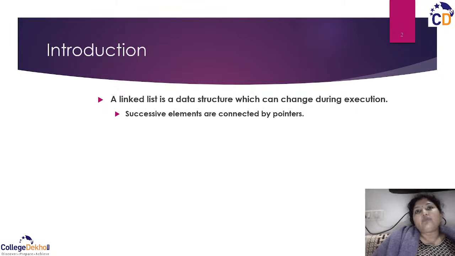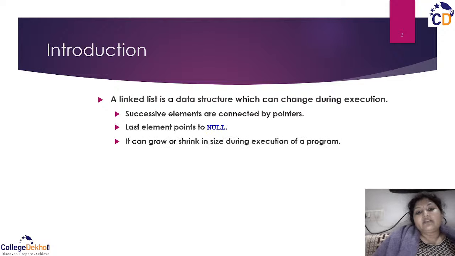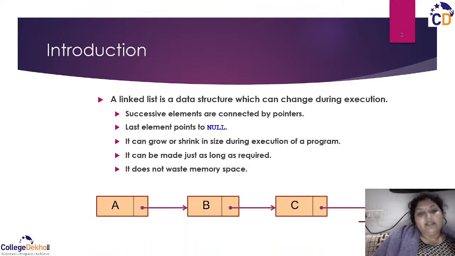Let us see some of the important points in our linked list. We understood that a linked list is a data structure, and a data structure is used for organizing and storing our data in memory. Now, what are the things required for storing that? Successive elements are connected by pointers.